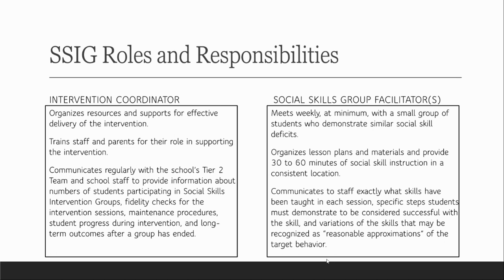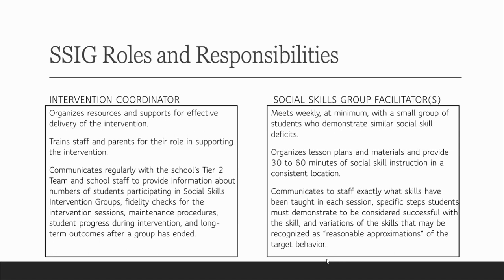What are some maintenance procedures to help students maintain those skills that they're learning outside of those intervention groups? How is the students' progress being monitored, and how well are the students in that group responding to that intervention as a whole? And then what are some long-term outcomes and effects that the staff can look to see after that intervention has ended?